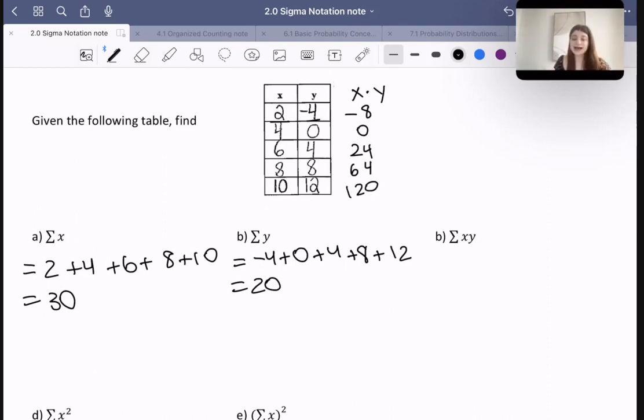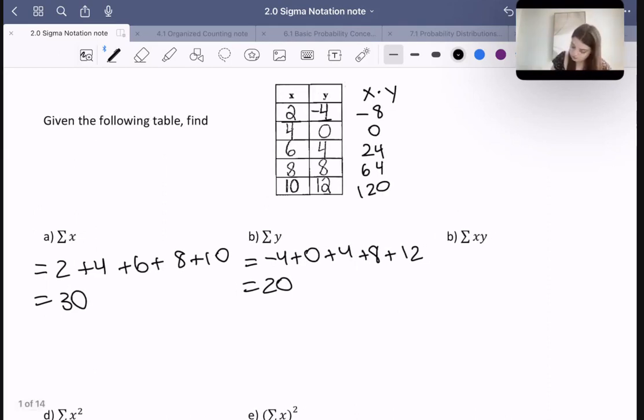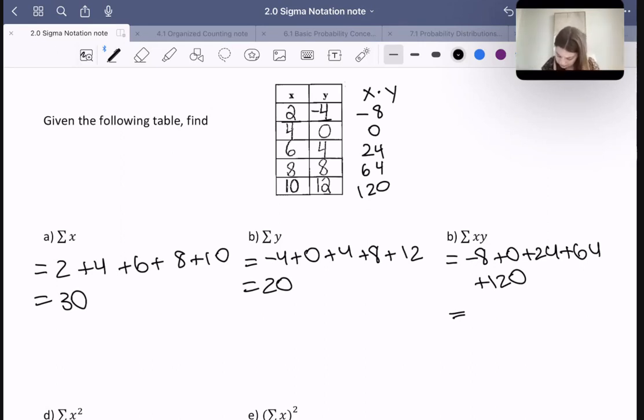So we must add up all those values in order to solve this one. So negative 8 plus 0 plus 24 plus 64 plus 120. And you can grab your calculator out for this one to make sure that you've gotten it correct. But I believe it's 200. I will double check that. Yes, the answer is 200.